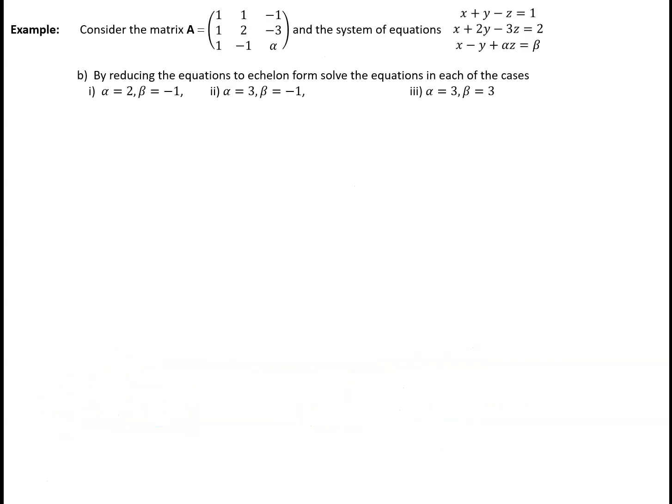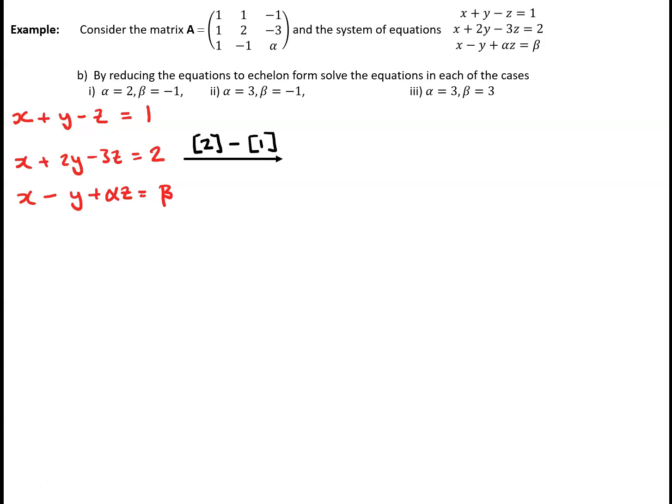Reducing the equations to echelon form, we've got to solve the equations in each of the cases. So, there are my three equations. I'm going to keep equation 1 fixed, and I'm going to try and eliminate x from equations 2 and 3.